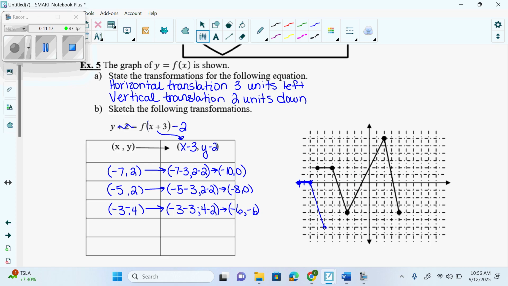Okay, then we have 2 and 1, 2, 3, 4, 5, 6, 2 and 6. So it becomes 2 minus 3, comma 6 minus 2. Becomes negative 1 and 4. And we have 4 and negative 4.